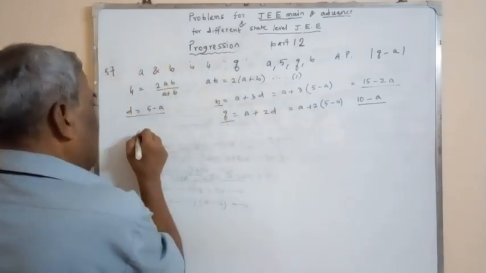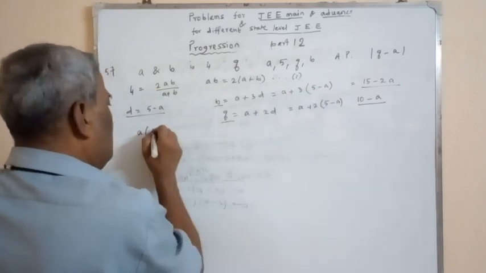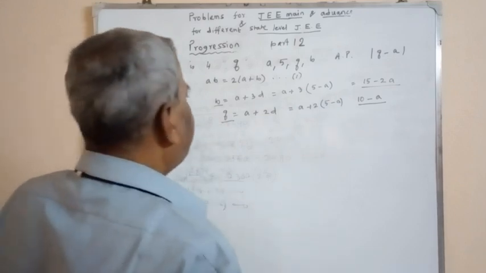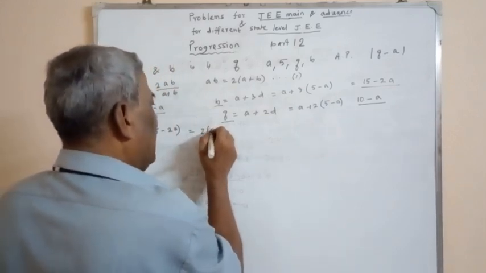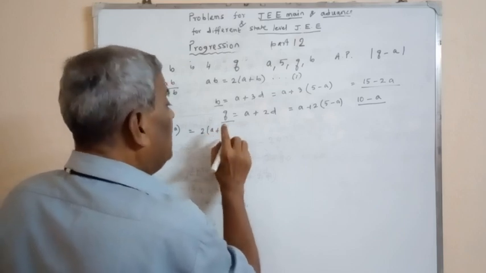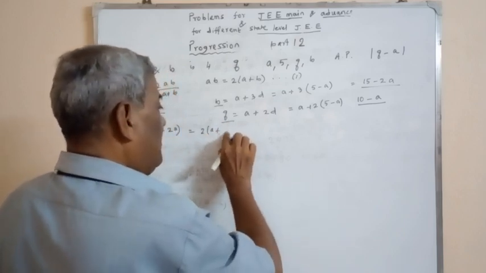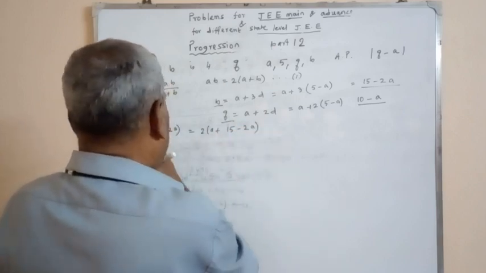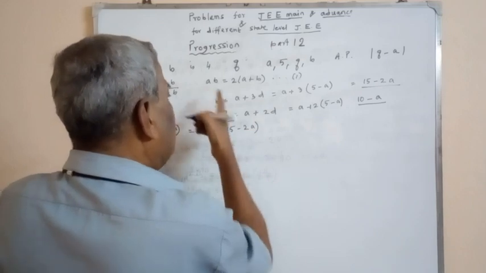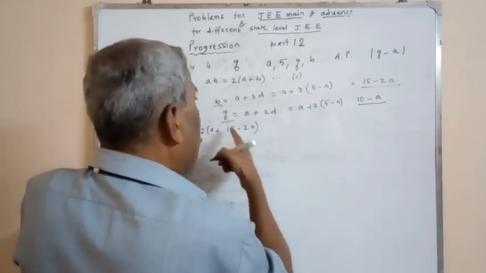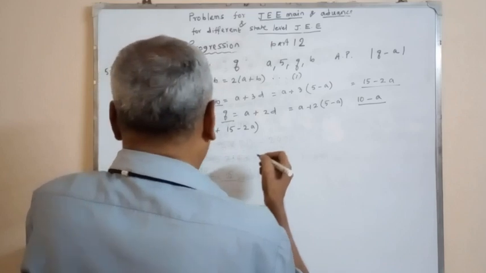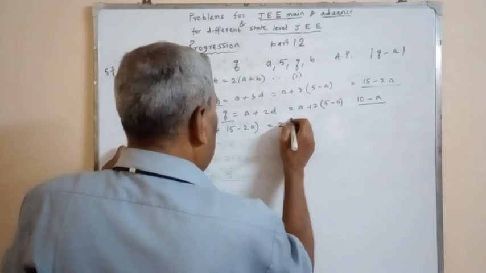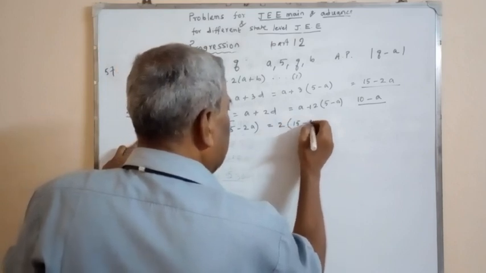So ab is equal to 2 into a plus b, where b is 15 minus 2a. So a plus b is 15 minus a, and this is equal to 2 into 15 minus a.